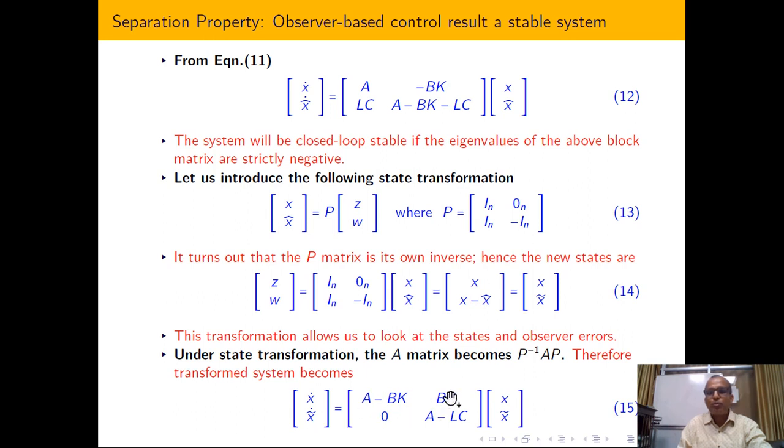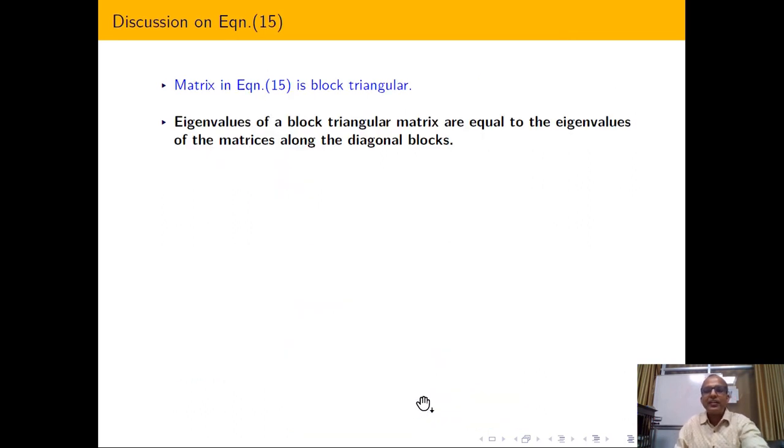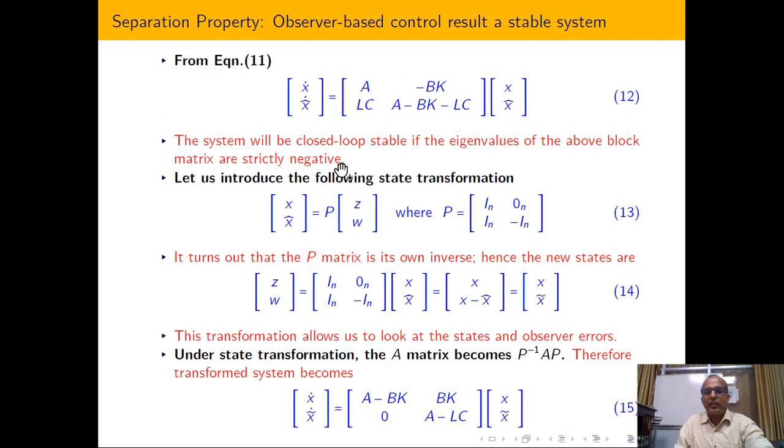In this transformed coordinate frame, I have a block triangular matrix. And what is the property of a block triangular matrix? The eigenvalues of the matrix come only from the diagonal blocks. If you calculate the eigenvalues, you have to solve the determinant of lambda I minus A', where A' is the whole matrix.